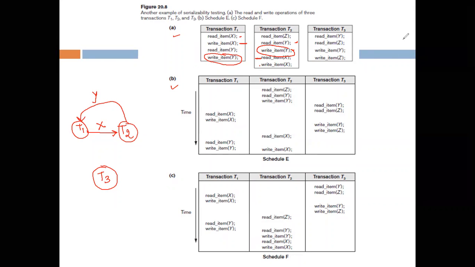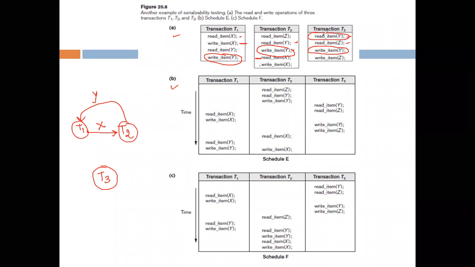So next look at transaction 3. It is reading y, here reading z, writing y. Again if you observe here, here it is writing y, here it is reading y in the beginning.